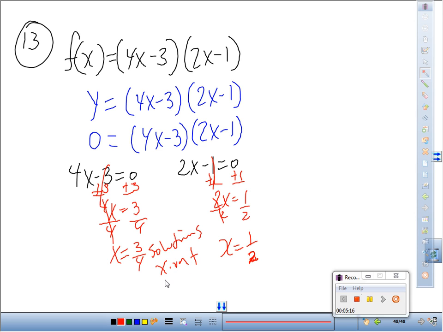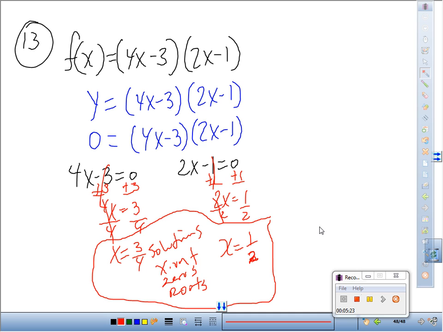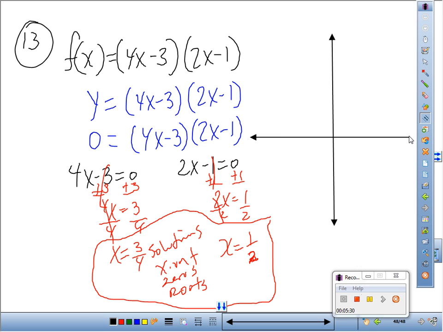We got solutions, x-intercepts, zeros, and roots. Let's graph this. It looks like a dinosaur. So who notices that the x-intercepts are not greater than 1?